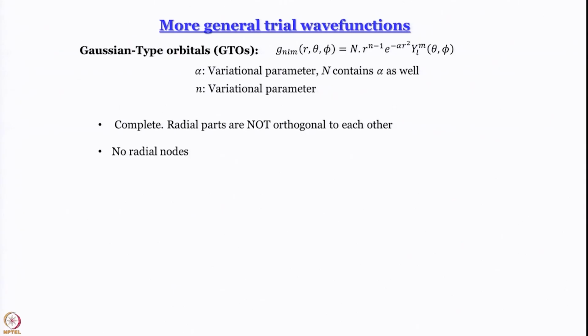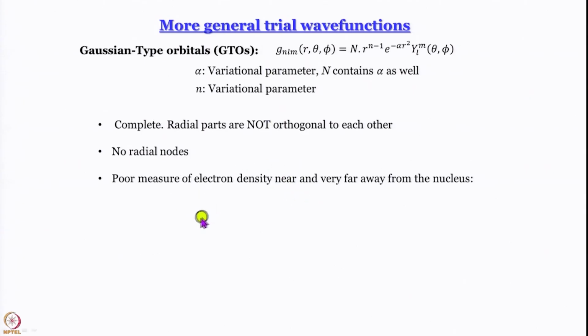For the same reason there is no radial node. Now, if you use one orbital you get a very poor measure of electron density near the nucleus, and that we have discussed earlier, because the 1s is like this and the Gaussian is something like this. So, poor measure of electron density not only near but also very far away from the nucleus.